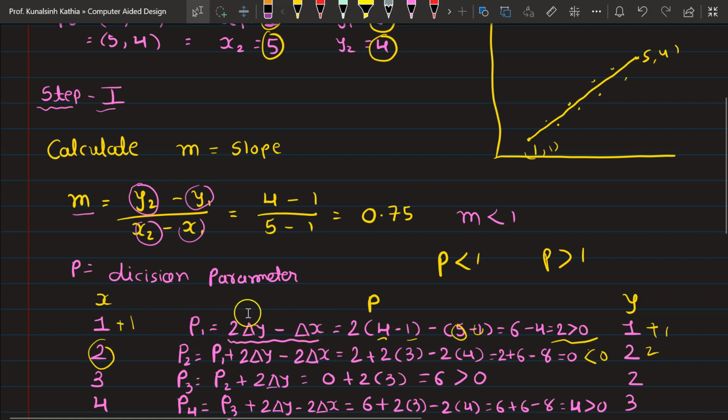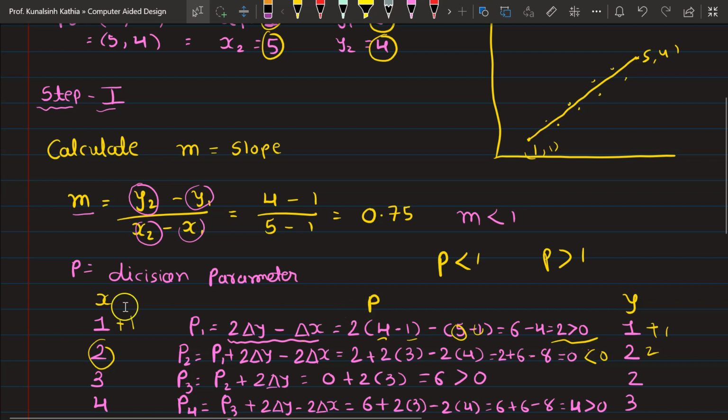Whenever you start Bresenham's algorithm, first you have to use this equation. So the value of 2 is here, delta y is equal to 4 minus 1. You know what delta y is? Delta y is y2 minus y1. Delta x is equal to x2 minus x1, so 5 minus 1. Ultimately I am getting the answer 2.